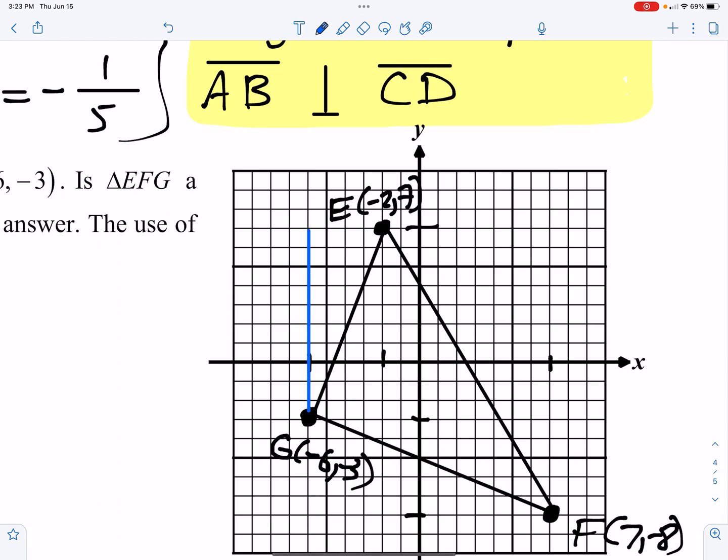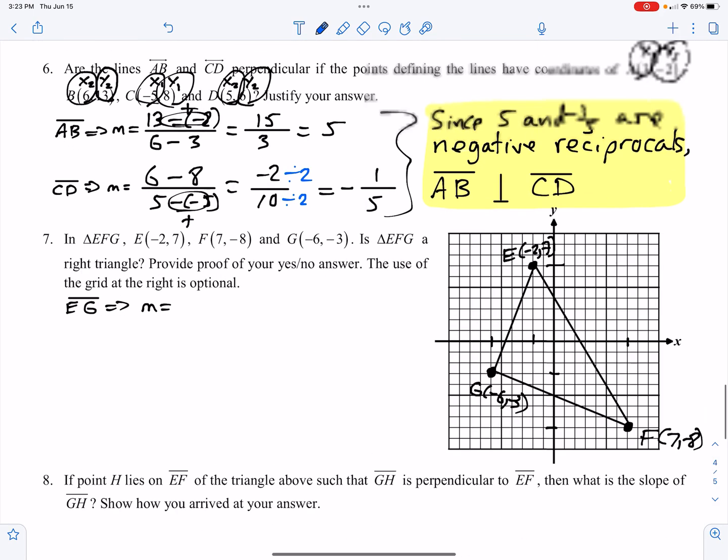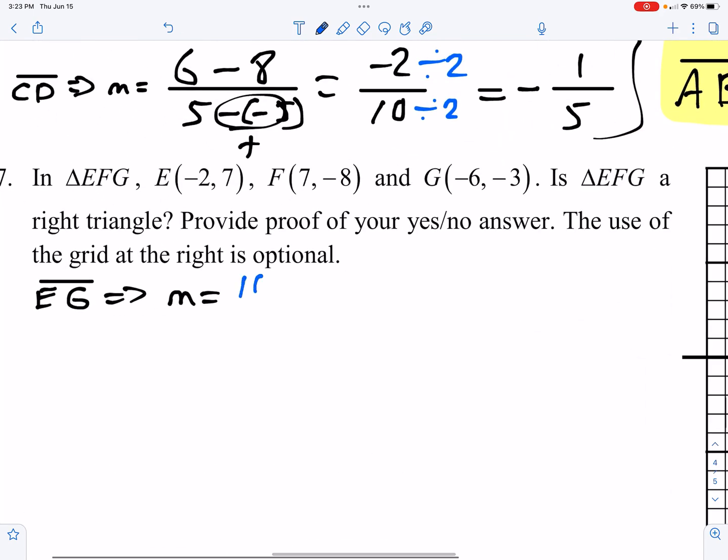We go over 1, 2, 3, 4. Up 10 over 4. Divide top and bottom by 2 to reduce it to lowest terms, and we have a slope of 5/2. That's not my answer. It's just going to help me create a conclusion to my answer in a second.